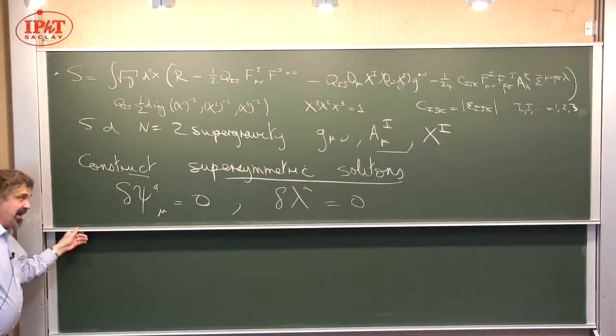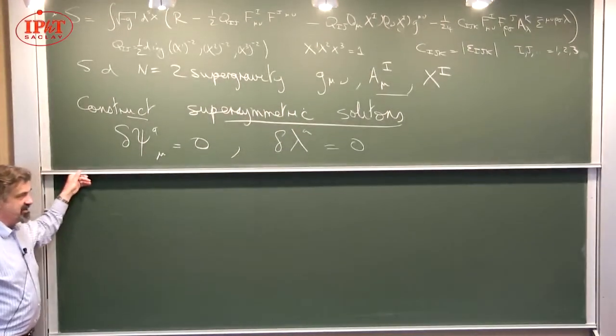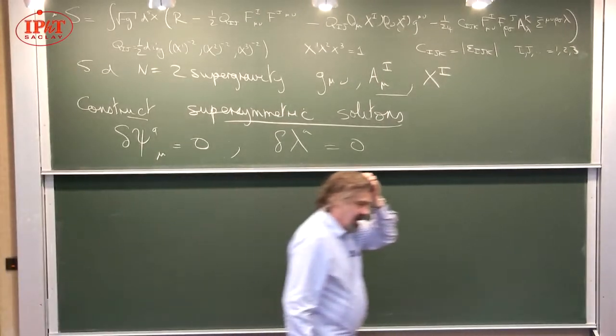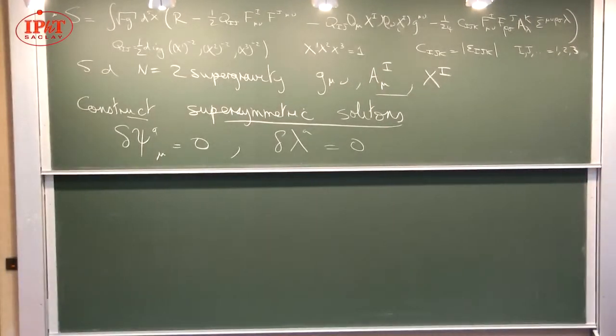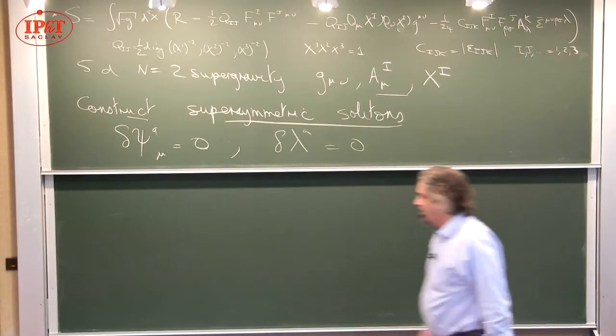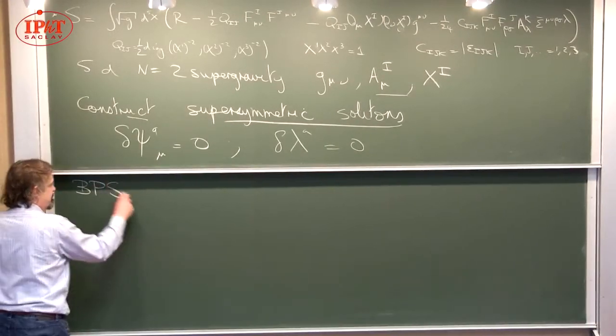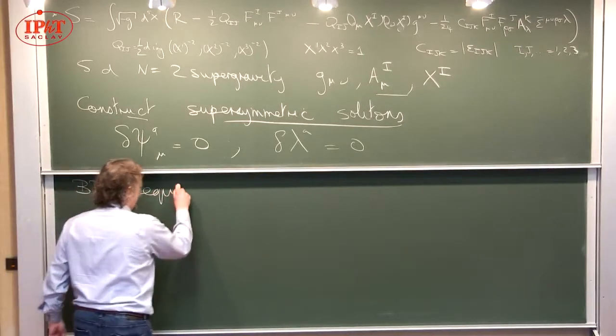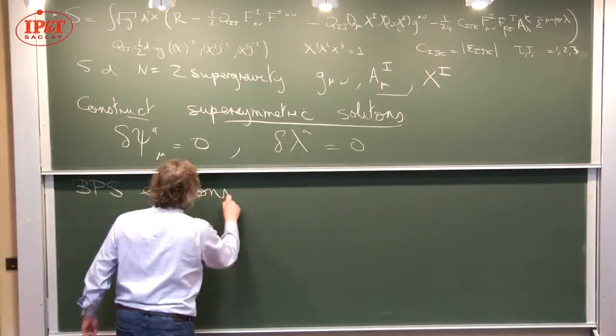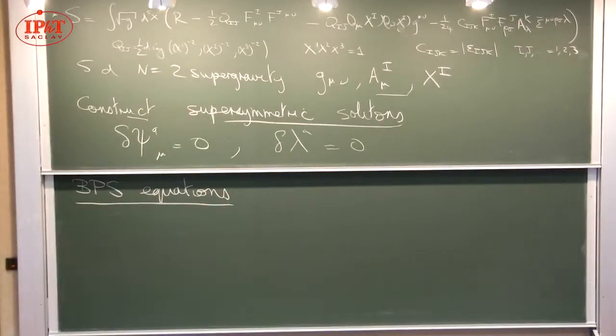I'm not going to go through that because we could spend a lecture just in the mud. What I'm going to do is tell you what the answer is and what the so-called BPS equations are, and then give you a sense of where they come from. The basic idea is very much like the discussion I had in the first lecture.